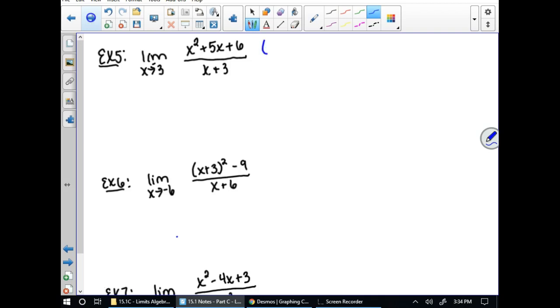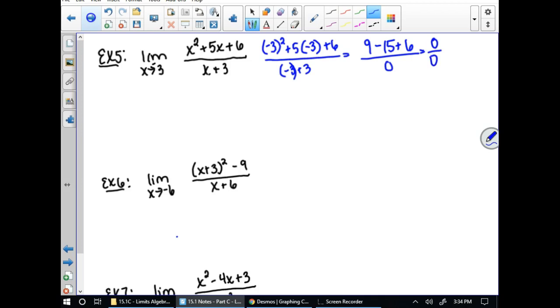So if I plug in negative 3 squared plus 5 times negative 3 plus 6 over negative 3 plus 3, I'm going to get 9 minus 15 plus 6 over negative 3 plus 3 is 0. So 9 minus 15 would be negative 6, plus 6 would give us 0 over 0. So we check to get that indeterminate form.